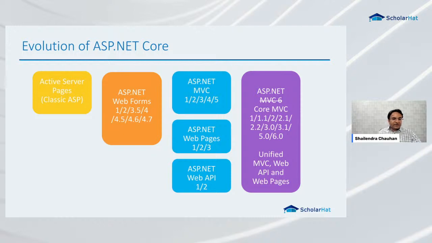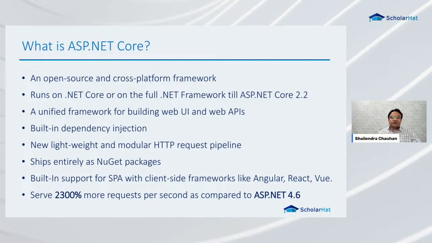We are covering the theory part quickly so that we can do the hands-on. When it comes to ASP.NET Core, it is an open source and cross-platform framework which could even run on top of .NET Framework as well, but that was only for ASP.NET Core 2.2. Starting from ASP.NET Core 3.0, they dropped the support for .NET Framework.